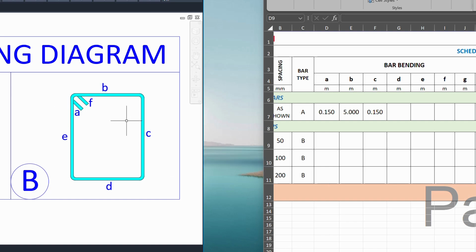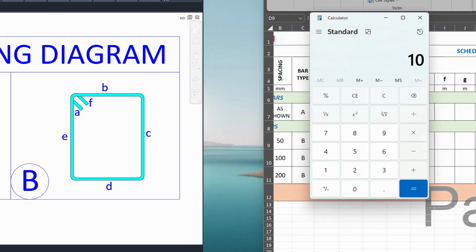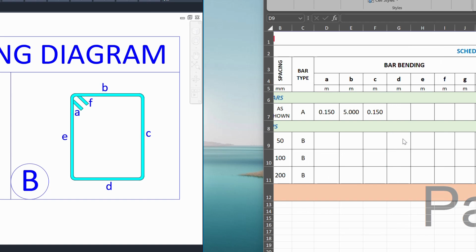So 10 mm times 6 is 60. But 60 is less than 63 mm, so whichever is higher, we use 63 mm, that's 0.063 meter because remember we're using meters here.